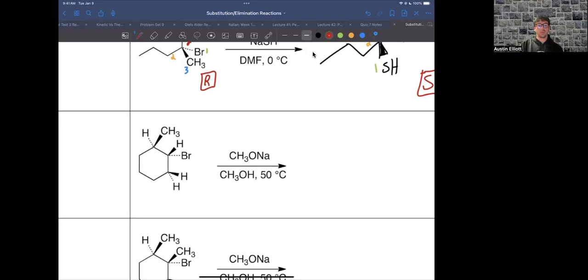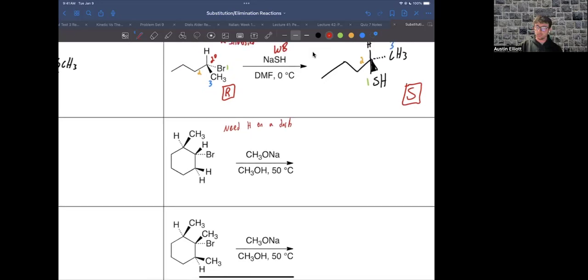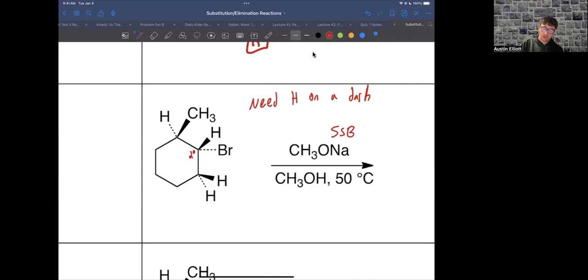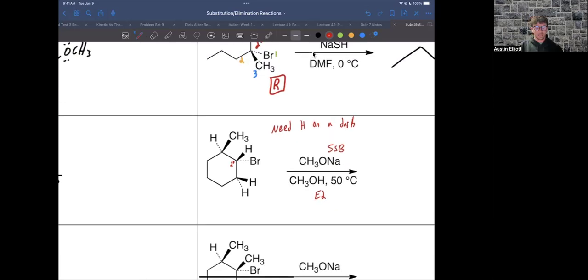So with that, we need an H on a dash. And I guess to go back a little bit, we know that this is a small, strong base. This right here is a 2 prime carbon, and that's going to give us E2 in this case.